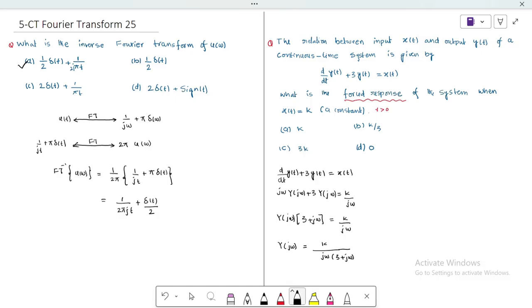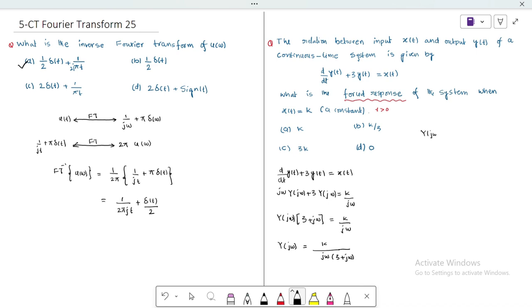If you want to find y of t, we should apply the inverse Fourier transform. Here j omega into 3 plus j omega, we need to split into two parts in partial fractions.